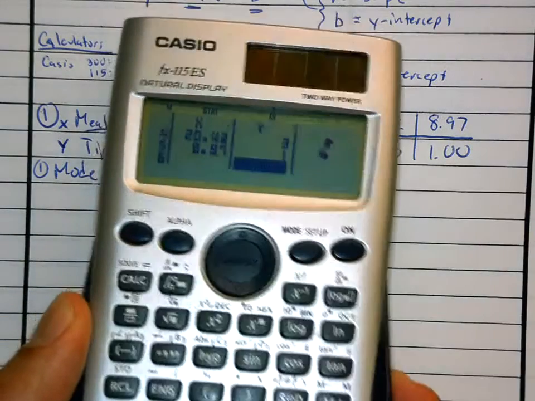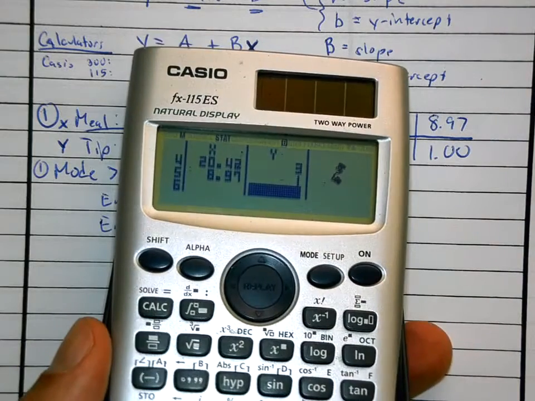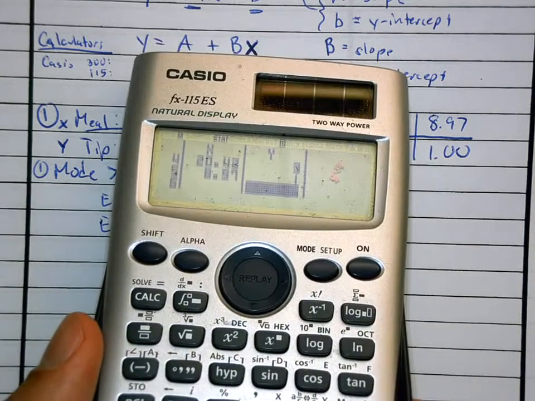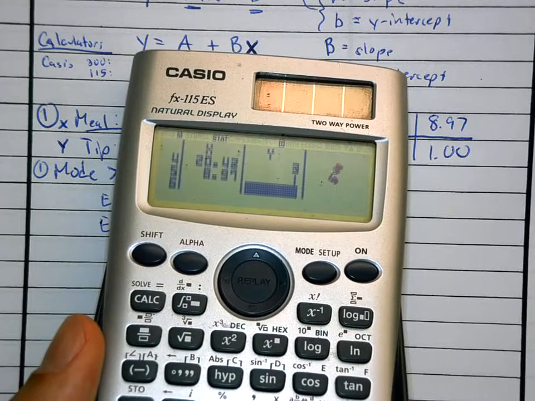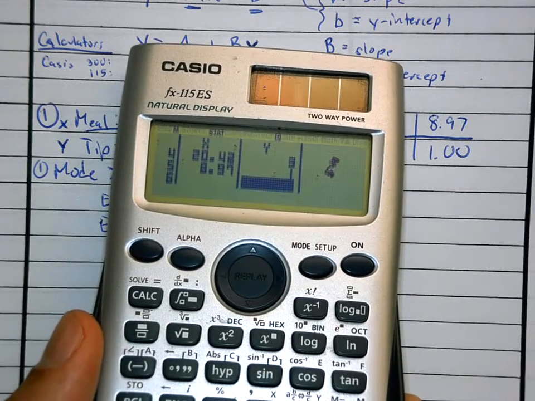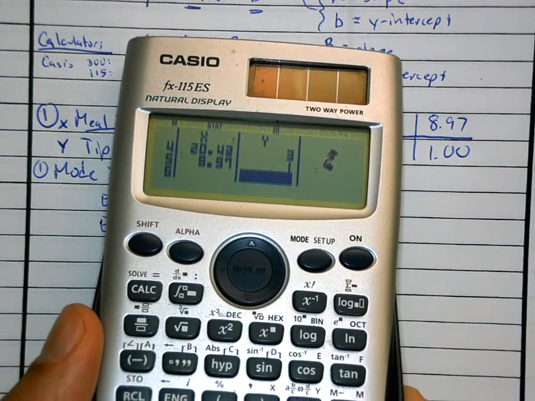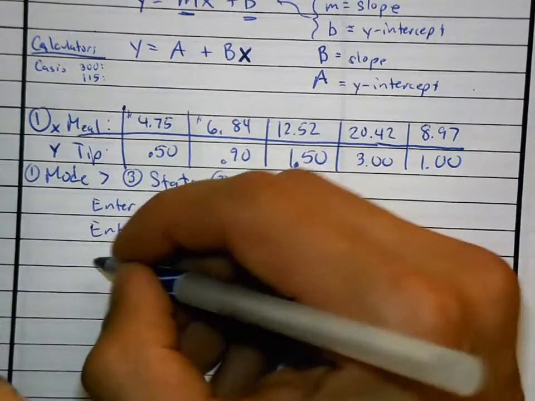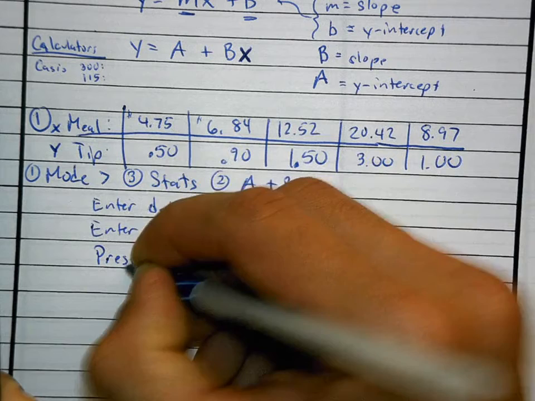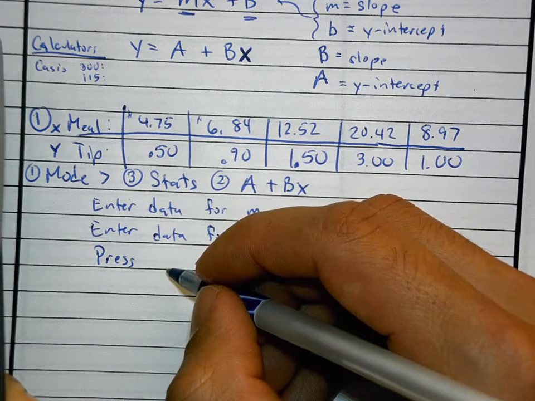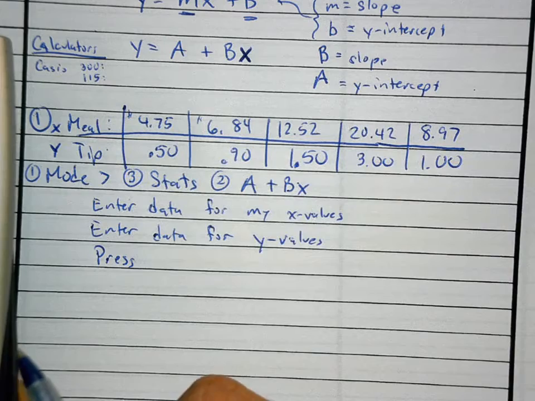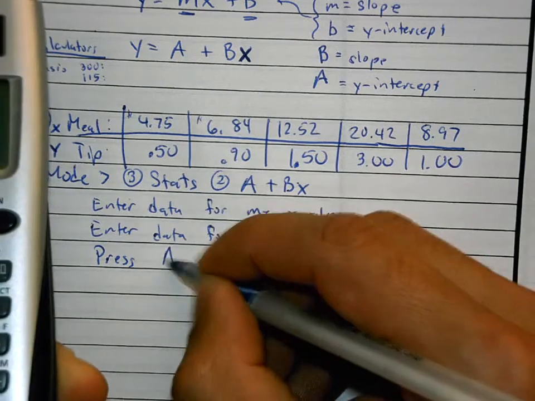As soon as I have all my information in, just like I do right now, there's all my information. What I'm going to press might confuse you because you're trained that it does something different. You are going to now press AC.